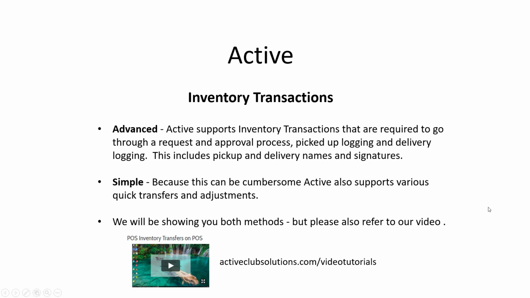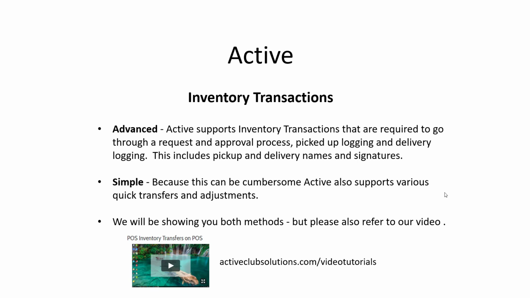Active supports two kinds of inventory transactions, and they can be either advanced or simple. For the advanced type, Active supports inventory transactions that are required to go through a request and approval process, pickup logging and delivery logging.